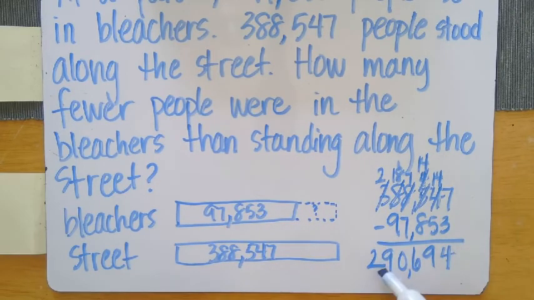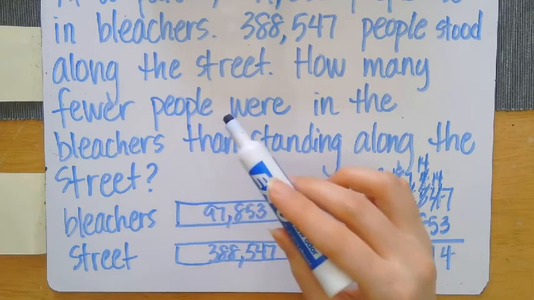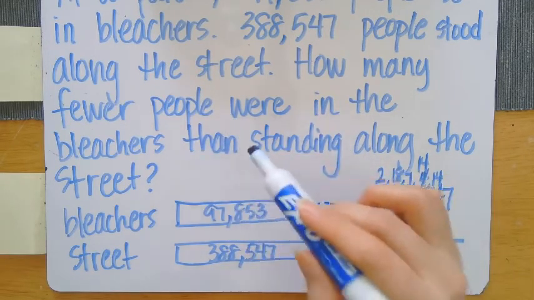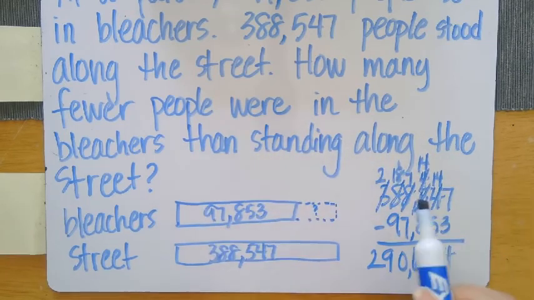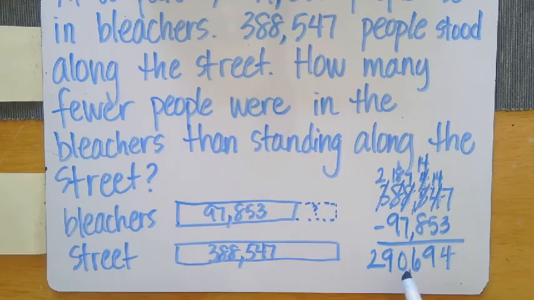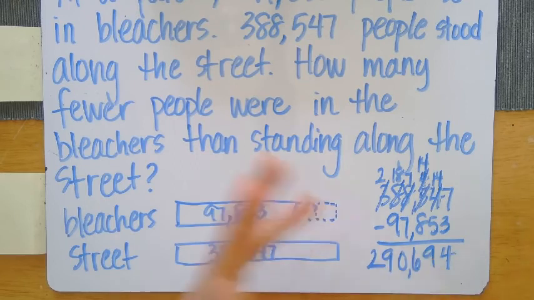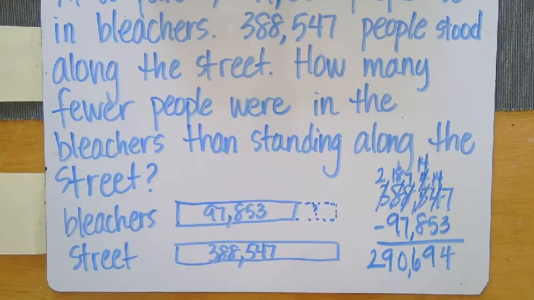There were 290,694 fewer people in the bleachers than standing along the street. Okay? Again, lots of different ways to word it, but you need to include the answer, the label, and restate your question.